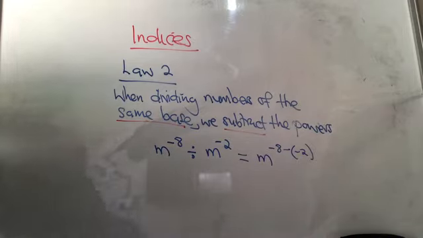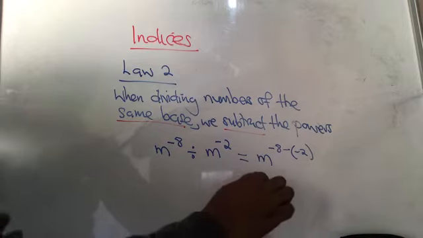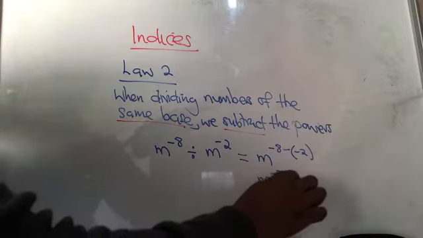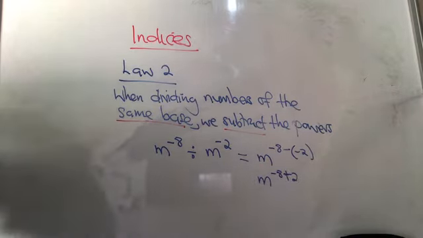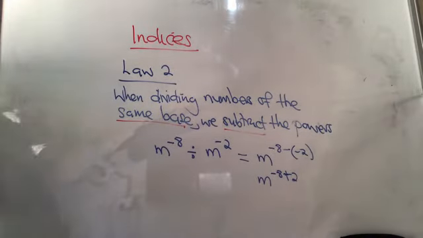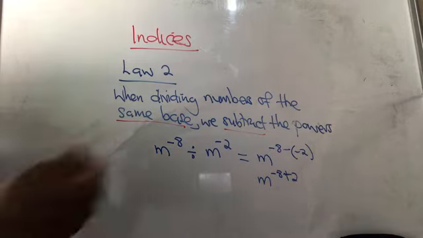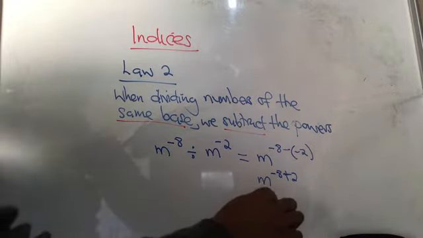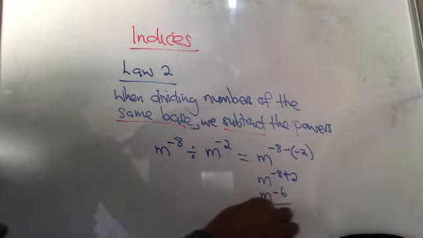This is simple algebra. So at the end we have m to the power minus 8 plus 2. Minus 8 plus 2 gives you minus 6. So the final answer is m to the power minus 6.